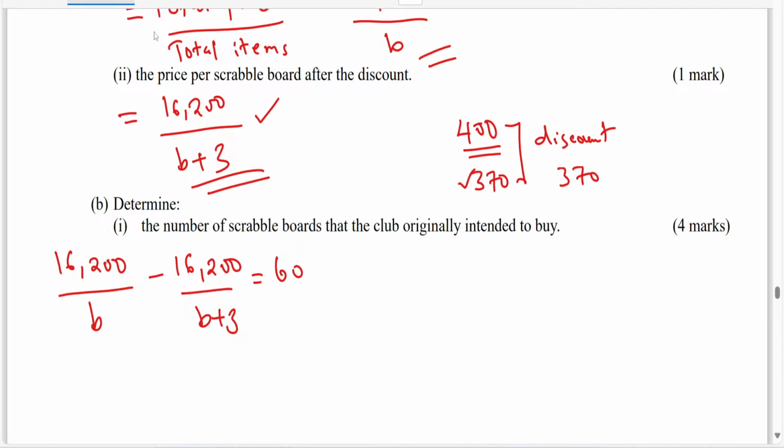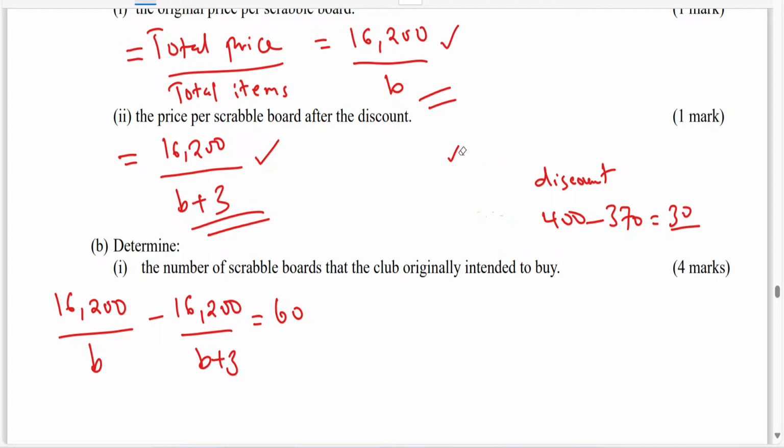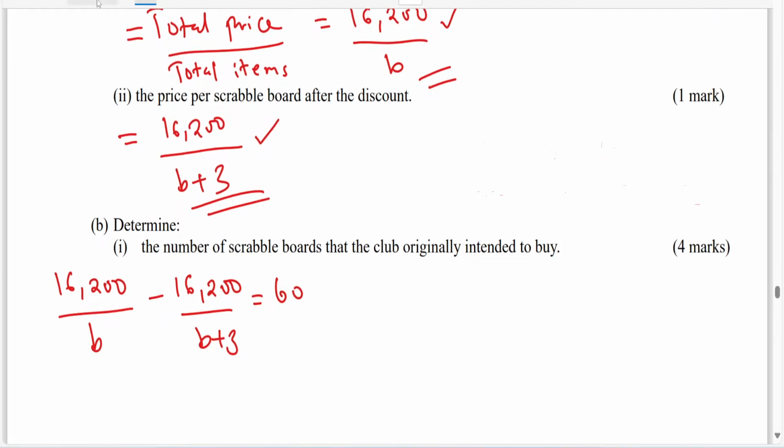Sawa, utachukua ile ya mwanzo original minus ile new, ndio itakupa discount ya 30. So that's how we solve it. So the price before the discount ilikuwa ni 16,200 over B minus ile after discount, ndio itakupa discount yenyewe, na discount yenyewe ni 60.